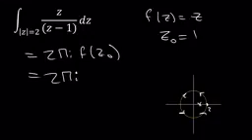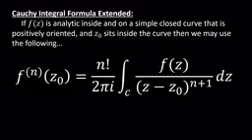But the Cauchy integral formula that I introduced to you is not the full Cauchy integral formula. There's an extended form of the Cauchy integral formula which has all the same requirements, but this is what it actually looks like. You'll notice that the key difference here are these n's.